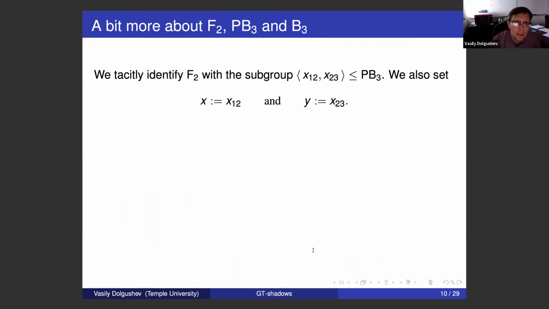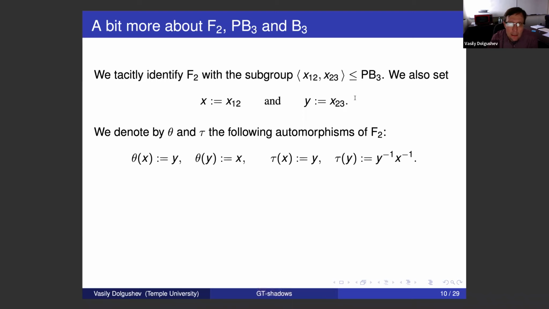So that's why I'm going to tacitly identify F2 with this subgroup. Sometimes I'm going to denote by X the element X1,2, and Y will be X2,3. And there are also these automorphisms that allow us to write a simpler version of hexagon relations.